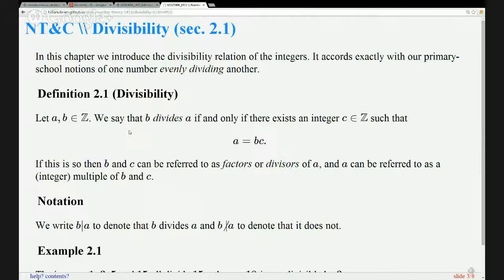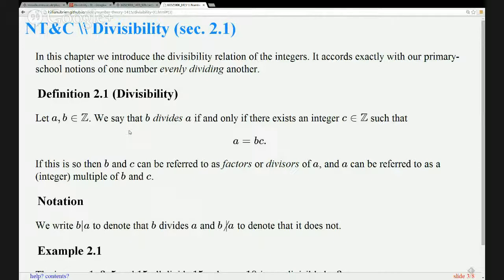Okay, so the beginning idea here is the notion of divisibility of integers. Normally, we think of division as an operation between numbers, and you form fractions and you carry out division and you get the answer is 2.5 or something. But here we're talking about integer divisibility, and this is now a relation.